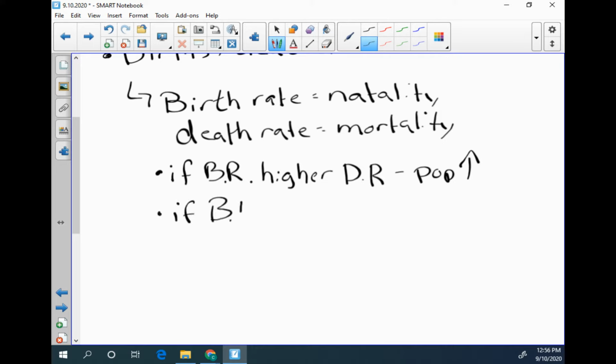If the birth rate is lower than the death rate, population will decrease. Essentially, if more people are being born than people are dying, then our population is going to rise in numbers. And if people are dying faster than they're being born, population will drop.